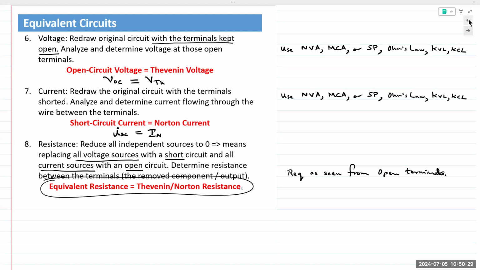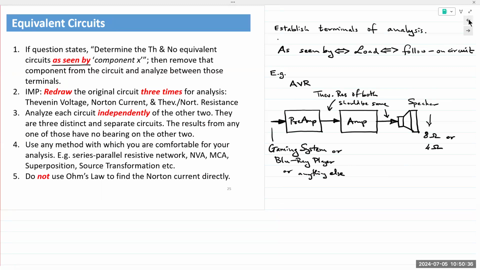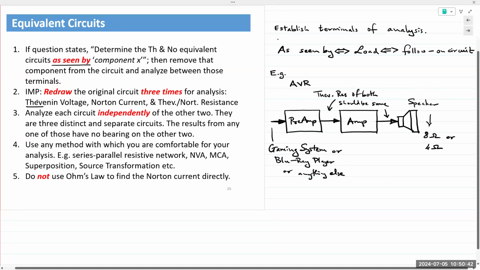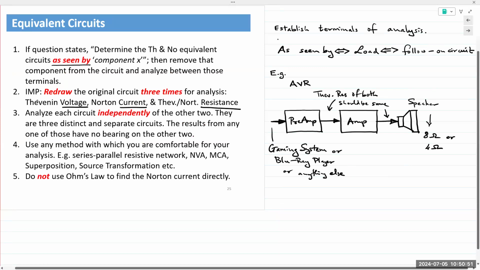All right, so now let's go back here. So we have the 3 quantities, right? We need to redraw the circuit 3 times for analysis. Once for Thevenin voltage, once for the current, and once for the resistance. And all three circuits are different.